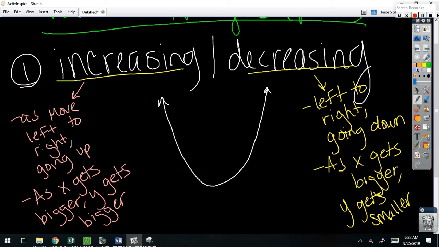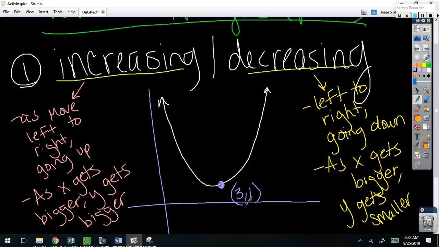And so what we're going to do is describe these intervals. Let me put this on a little grid here. This point is the vertex, and I know it's not drawn to scale, but let's say it's 3, 1. Let's start on the far end.